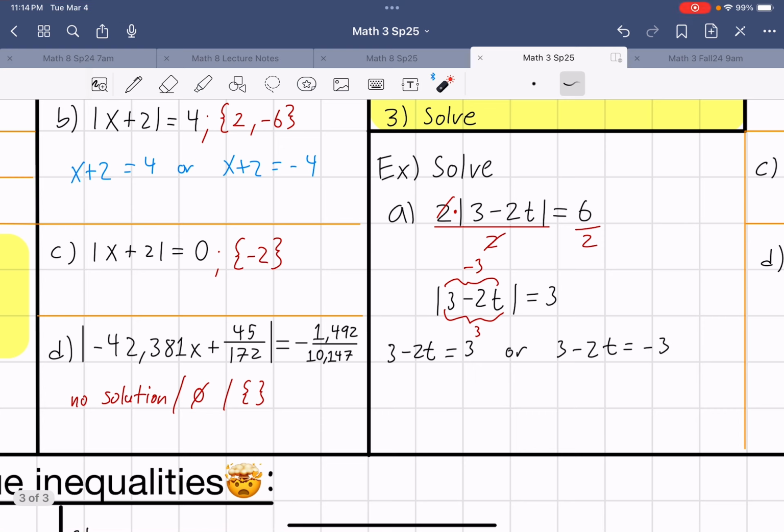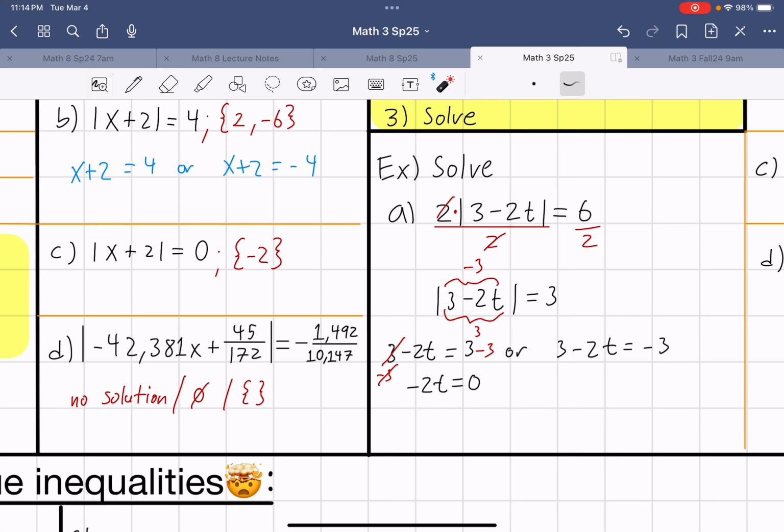Now, I need to isolate my variable. To do so, I am going to subtract 3 on both sides. Cancels on your left. I'm left with negative 2t is equal to 0. And now don't get this mixed up. Don't think, oh wait, you told me something about 0.